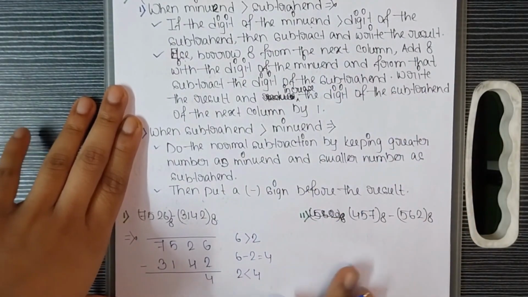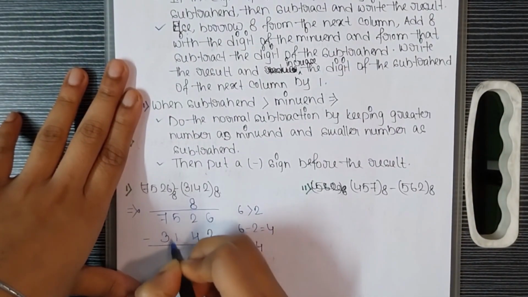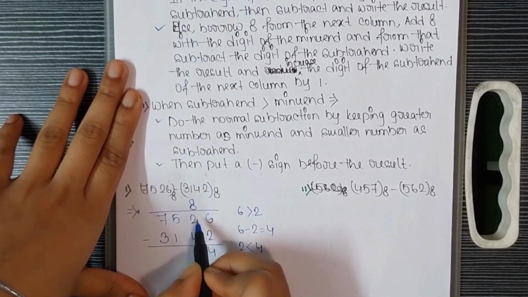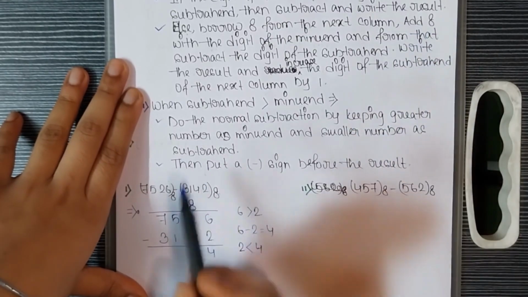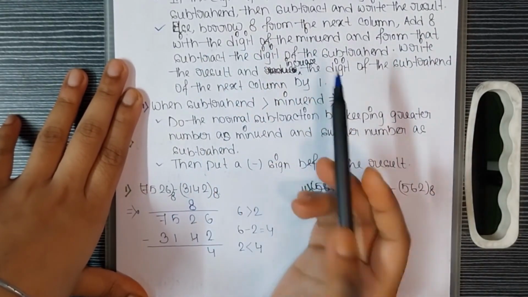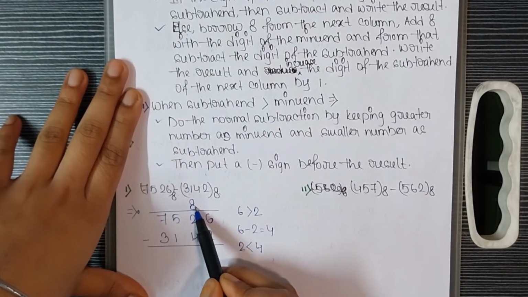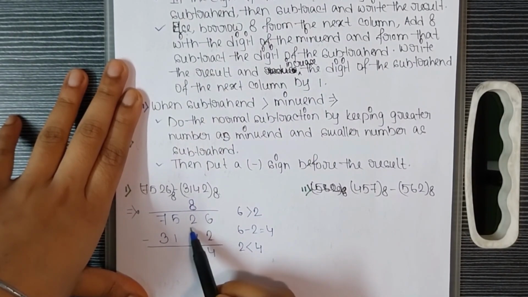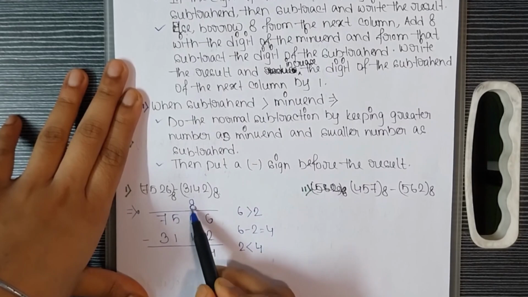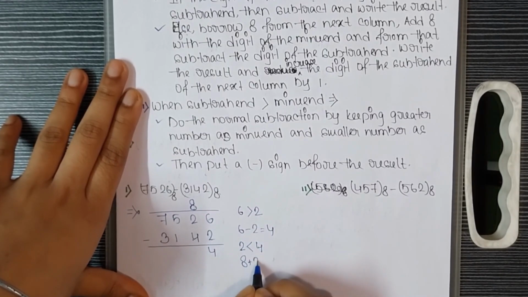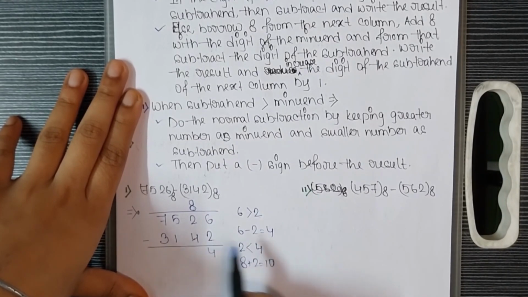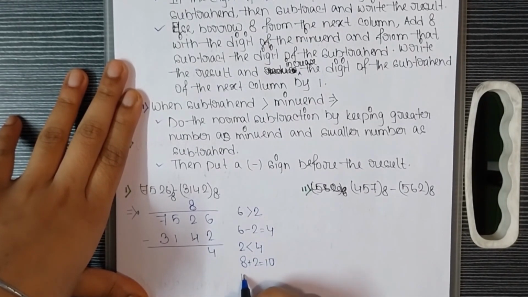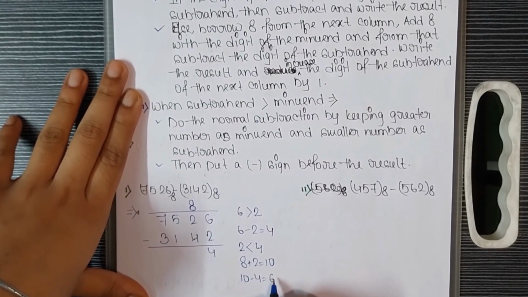We write the 8 above this column. Now we add this 8 with the digit of the first number, that is 8 plus 2 will be 10, and now we subtract 4 from this 10. So 10 minus 4 will be 6, and we write the result here.